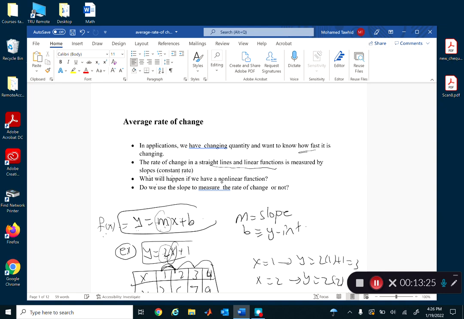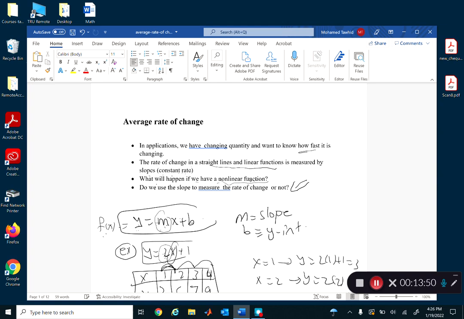But for nonlinear functions, if you take any 2 points on the graph, it gives you the average rate of change of your f over a specific interval, which is the 2 points that you take. If you change the 2 points, then the average rate of change is going to change. And that is the answer here for number 3.